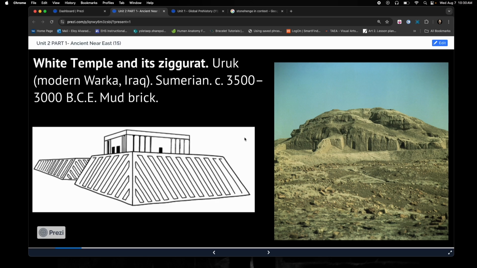It wasn't built to accommodate a congregation. As a result, only priests, royalty, and that's it. Clergy and royalty were the only ones who were able to access the temple.